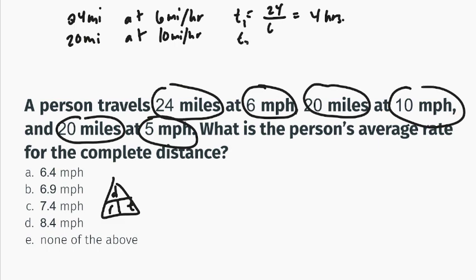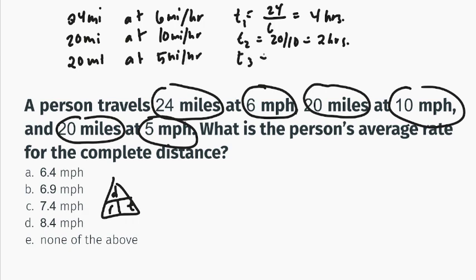So we can compute that we have 20 divided by 10, which is equal to 2 hours. And lastly, we have 20 miles at 5 miles an hour. And we get that 20 divided by 5 is equal to 4 hours. So in total, it took the person 10 hours.